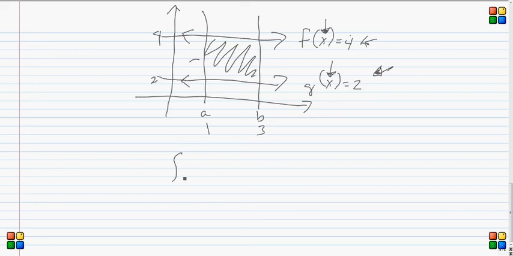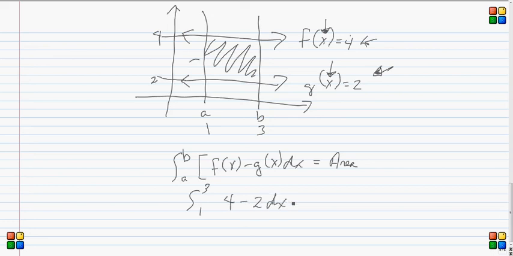So we can apply our tool, which is the integral from a to b of f of x minus g of x dx is equal to the area. What does this translate into? From 1, which is our a, to b, which is our 3, f of x, which is 4, minus g of x, which is 2, dx.